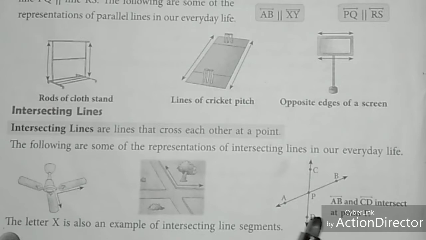For example, here we have two lines, line AB and line CD. These two lines intersect each other at point P. So we write line AB and line CD intersect at point P. The letter X is also an example of intersecting line segments, as this figure looks like the alphabet X.